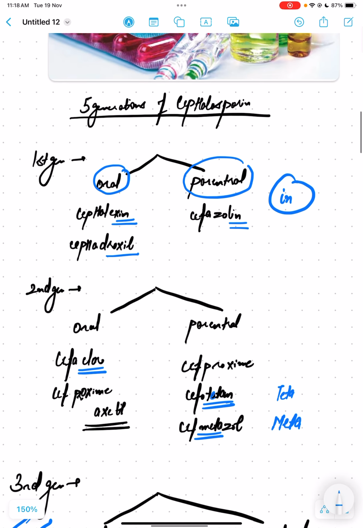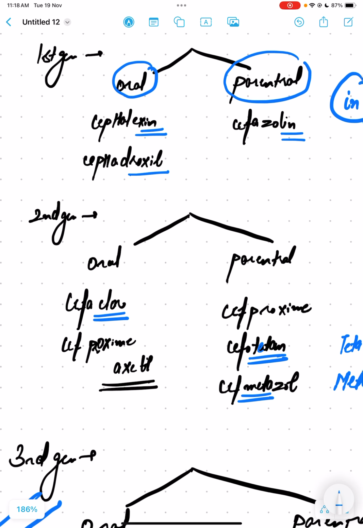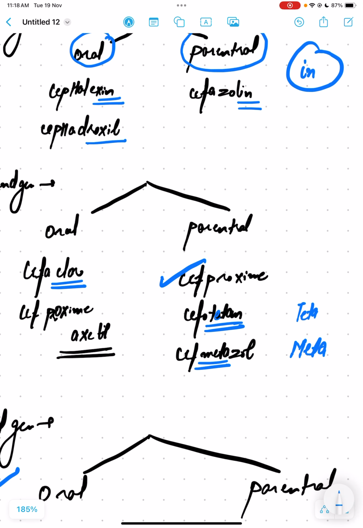In the second generation we also have oral and parenteral. In the oral we have cefaclor and cefuroxime axetil, and in the case of parenteral it is only cefuroxime, not involving the word axetil. It also involves cefotetan and cefmetazole. So you can remember with the words "tetan" and "meta".